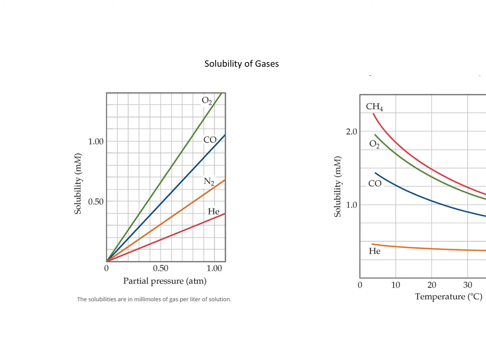So the solubility of the different gases now. This first chart just showed the solubility of helium. Take a look at this solubility chart here. Solubility on Y, partial pressure on X. What's the trend in the increasing slopes with the different gases? What's changing about the gases? Well, yes, the solubility is changing, thank you.